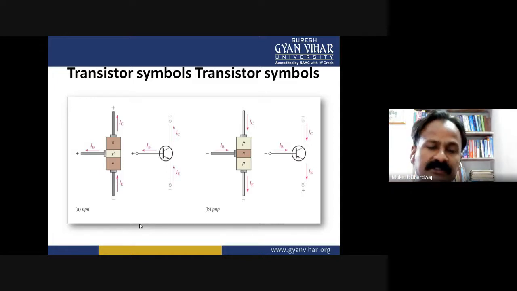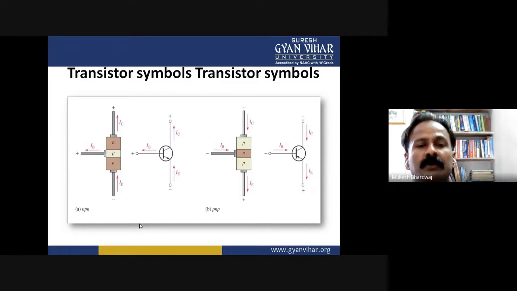When you go into the physics of how the transistor works, the emitter base junction is forward biased and the base collector junction is reverse biased, because the working of the transistor depends upon the biasing of the pairs of terminals.